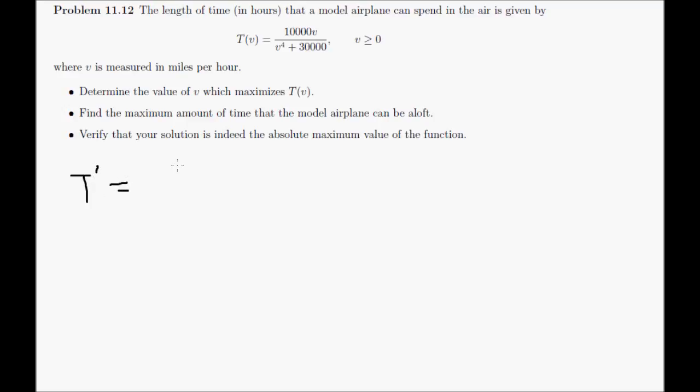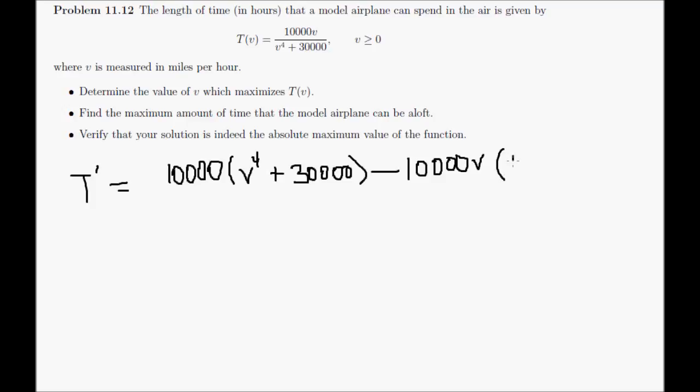So that's the derivative at the top times the bottom, minus the top times the derivative of the bottom, which is 4v cubed, over the bottom squared.